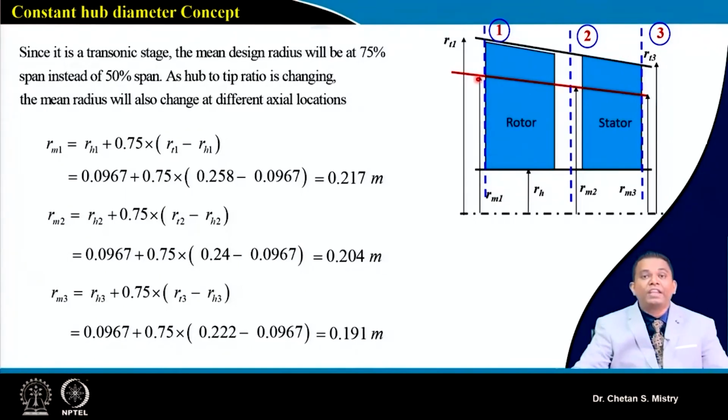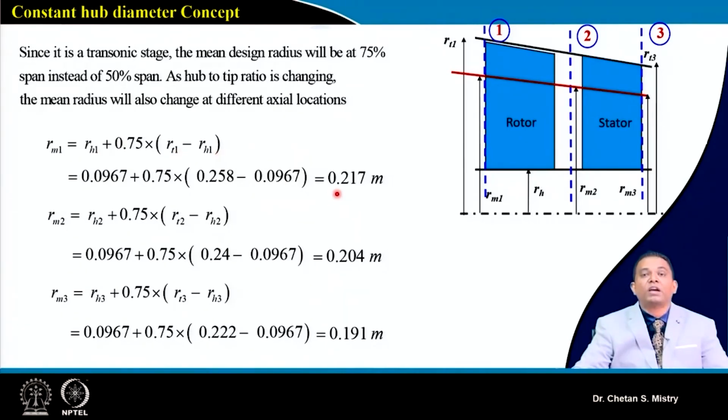At the entry we need the value of radius, at mid station also we are looking for radius, and at the exit also we are looking for radius, because that will give me the streamline pattern at 75% span. So my mean radius at the entry is given by R1H plus 0.75 times (tip radius minus hub radius).